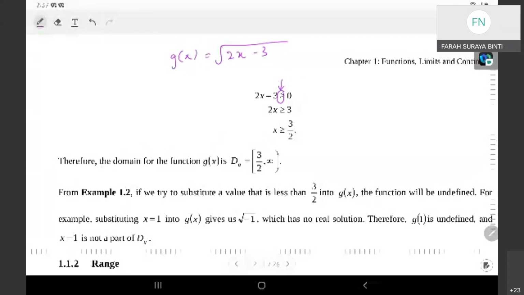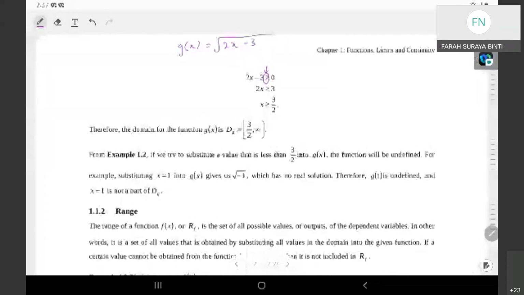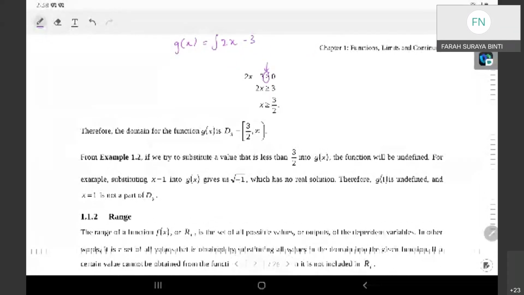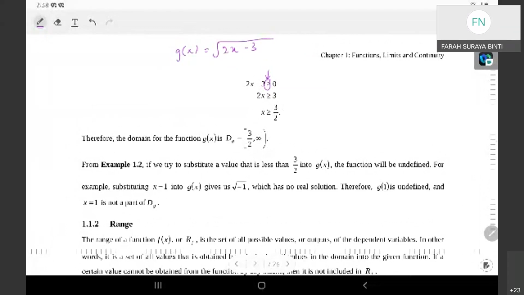Okay, you can compare this example and the previous example. Example 1.2 and 1.1. 1.1 tadi dia punya domain is real number from negative infinity until infinity. All the numbers lah, semua nombor akan jadi dia punya domain.